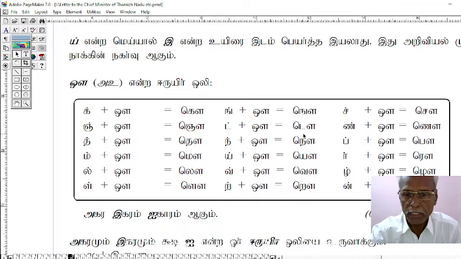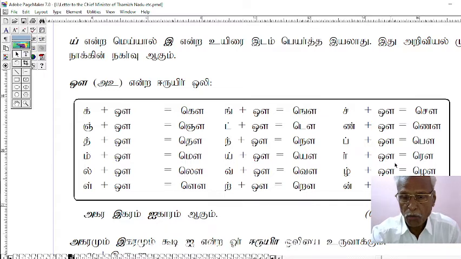It plus au, dau. In plus au, nau. It plus au, thau. Ip plus au, pau. Im plus au, mau. Iy plus au, yau.